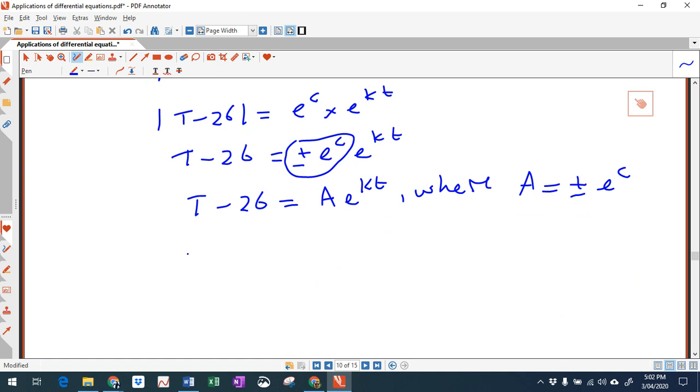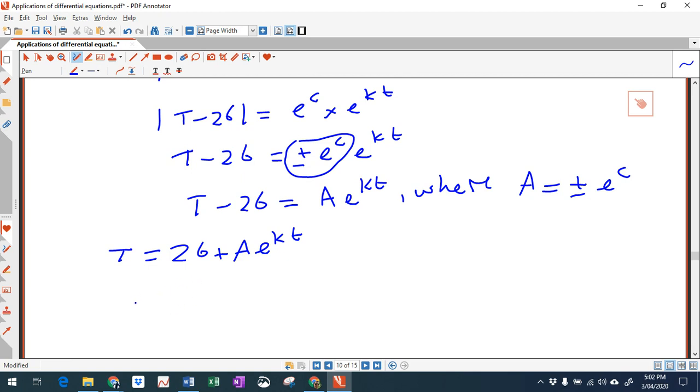Now that's going to give us T equals 26 plus A e to the kt. All right, now we need to know what A is.